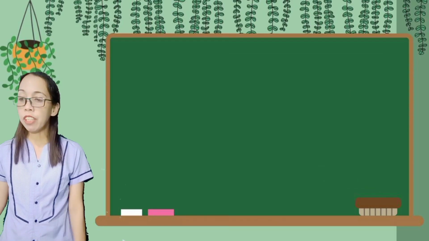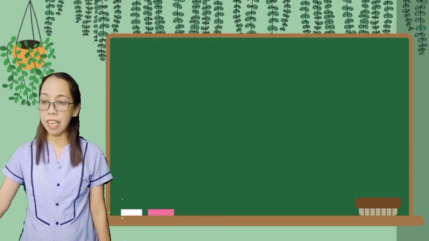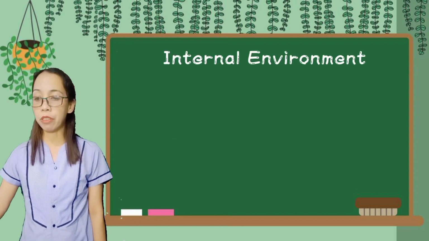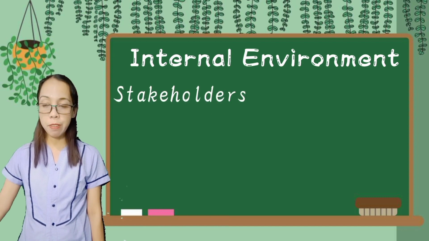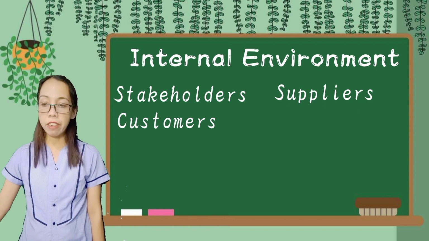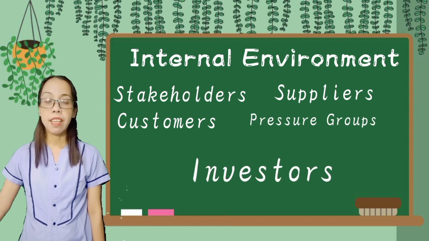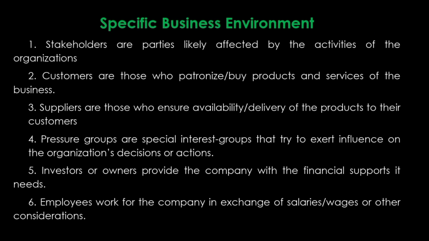So, after the external factors or the external environment, we will now have the internal environment. In the internal environment, we have stakeholders, customers, suppliers, pressure groups, and investors. The stakeholders are the parties likely affected by the activities of the organizations. Customers, as mentioned a while ago, are those who patronize or buy the products and services of the business.